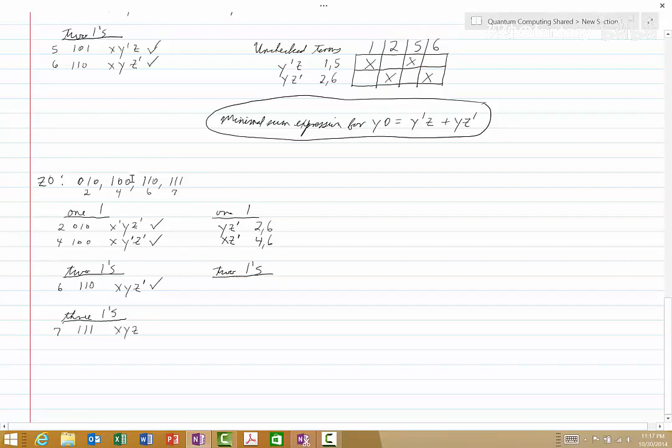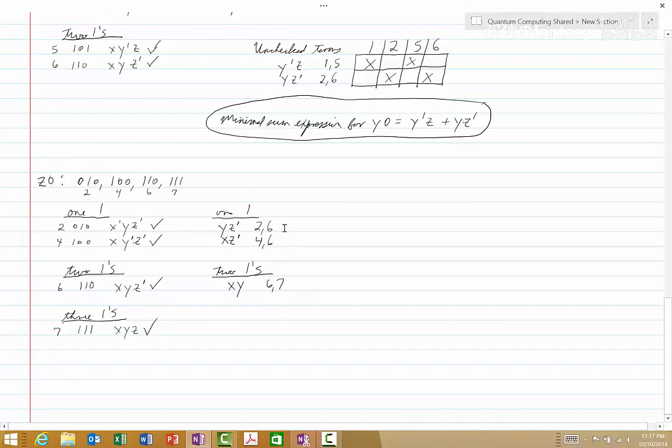And we do indeed expect 6 to combine with 7, because 6 is smaller than 7, and the difference between them is 1, which is a power of 2. So we'll go ahead and put down here 6 and 7. We expect them to combine. Notice they differ only in the z position, so that drops out, and we're left with xy. And 6 already has a check by it. Now 7 gets a check.